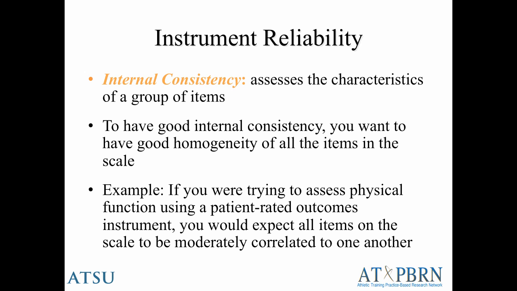It is important to note that all items or questions included in the instrument related to the same dimension should be homogeneous, meaning they should all measure the same thing. Going back to our example, all of the questions in the instrument should pertain to the functional ability of the lower extremity to be able to measure that specific dimension.